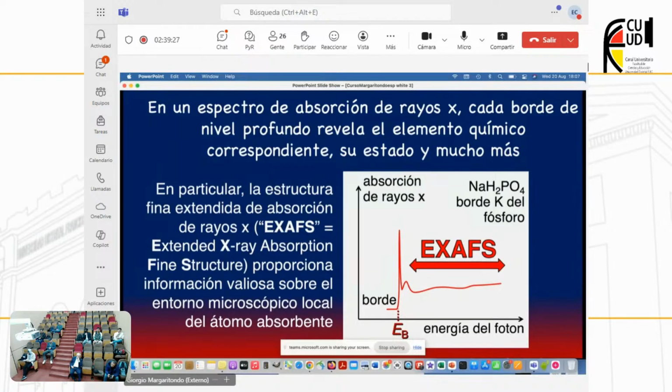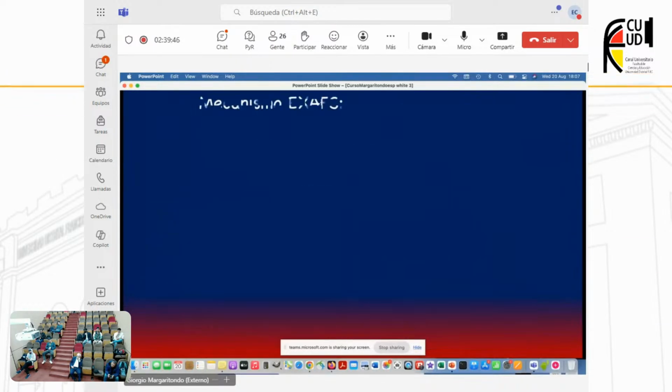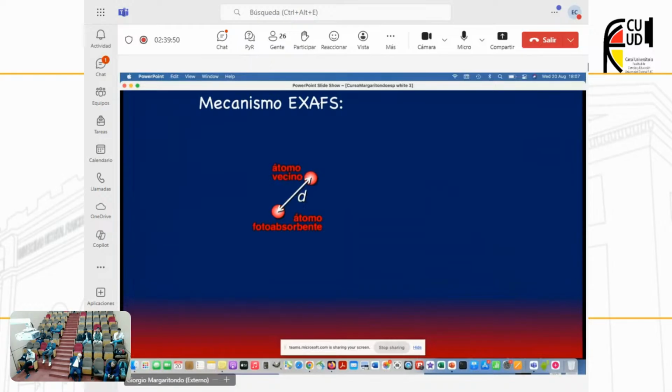And this information is much bigger than the one you're getting from just the presence of the edge. And so we must realize how this information is related to the important properties of the solid and how we can use it. So in order to do that, let me have a closer look at the mechanism that is causing all this fine structure beyond the absorption edge.